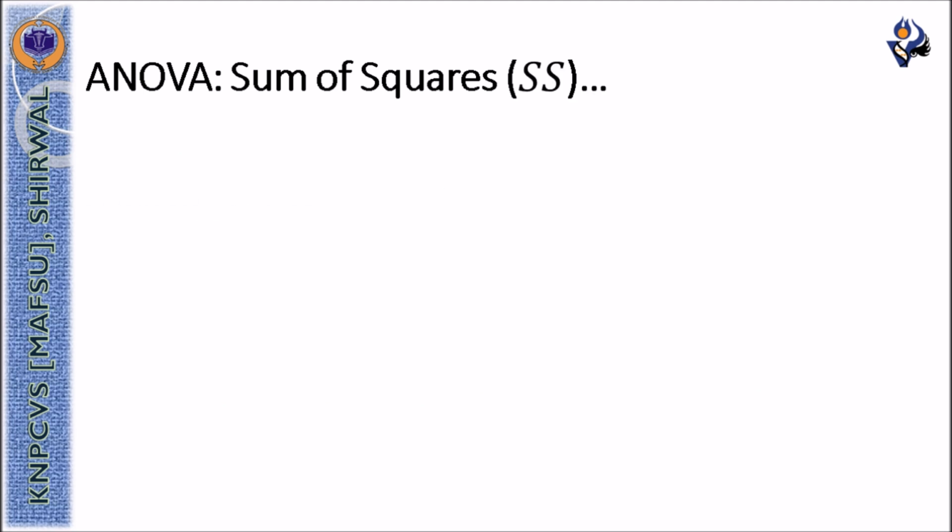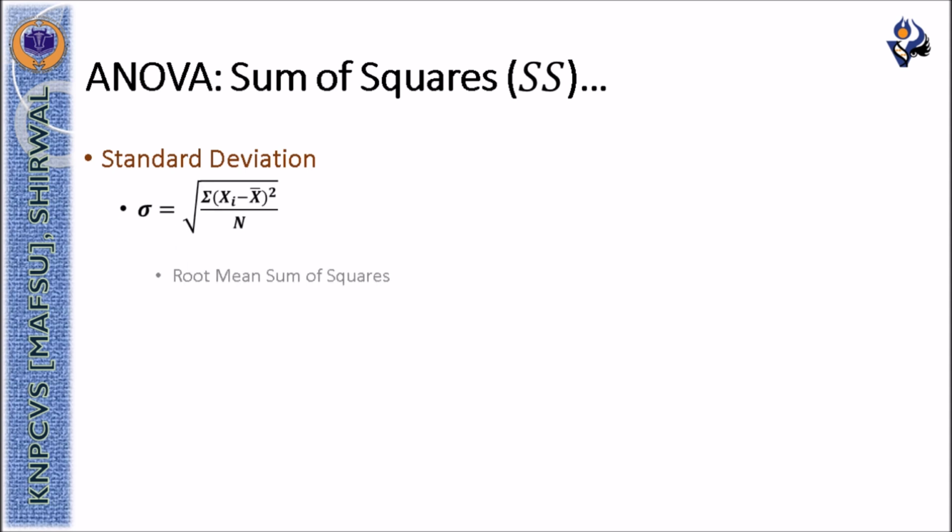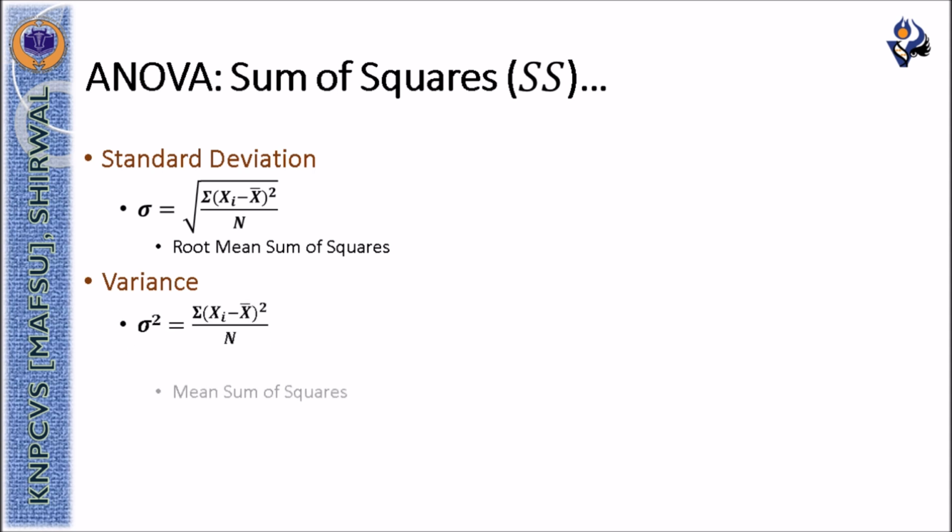If we look into the formula of standard deviation, we can define it as the root mean sum of squares. The square of standard deviation, that is variance, can therefore be defined as mean sum of squares.